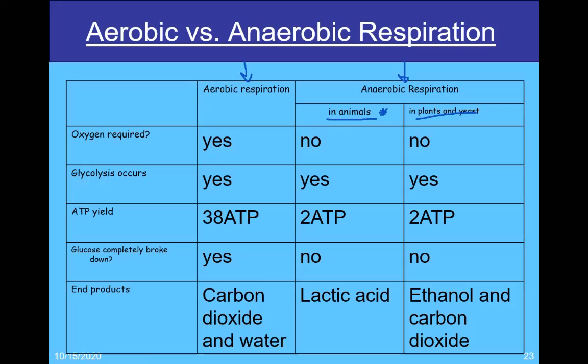Okay, so aerobic, by definition, aero means with oxygen or with air. And so oxygen is required for aerobic respiration. You'll notice that in both of the anaerobic forms, which is, remember, fermentation, we don't use oxygen.